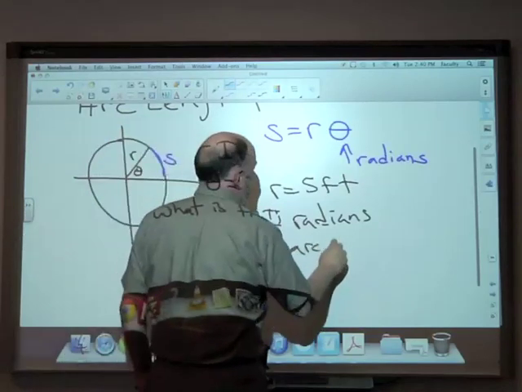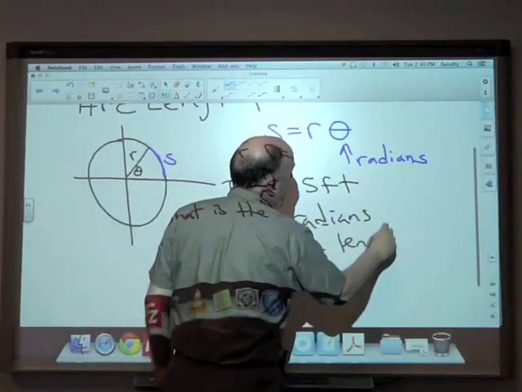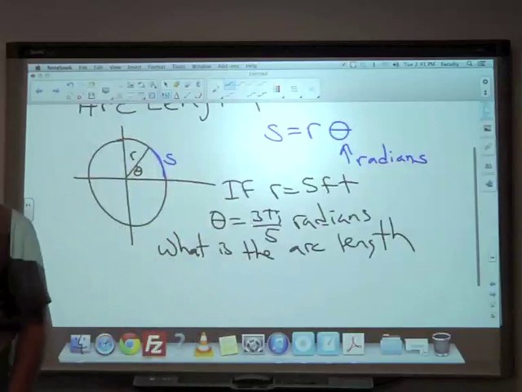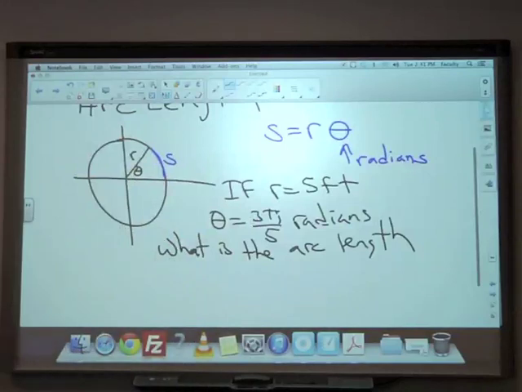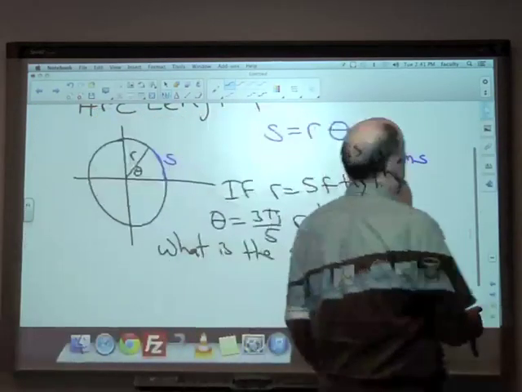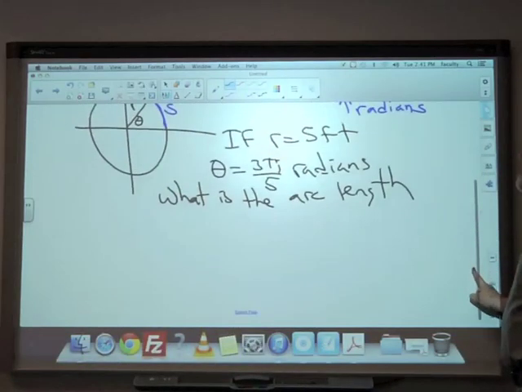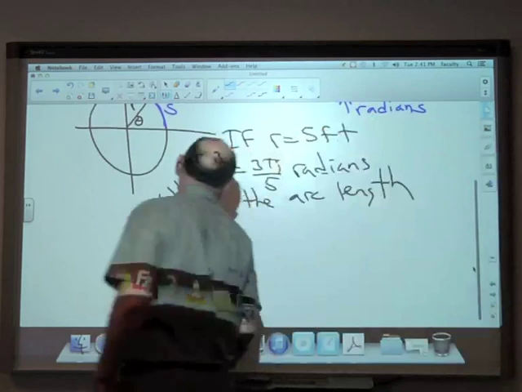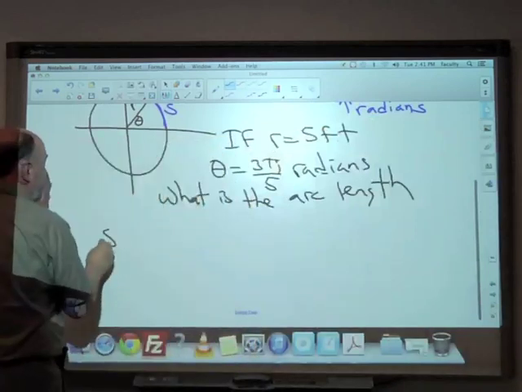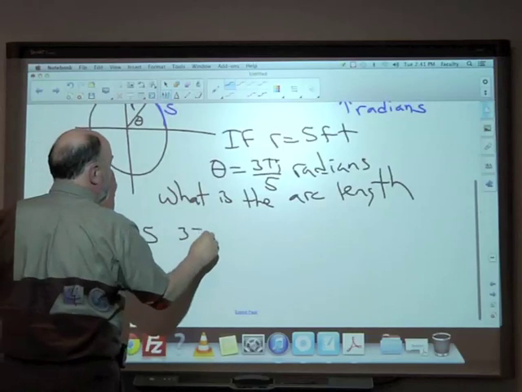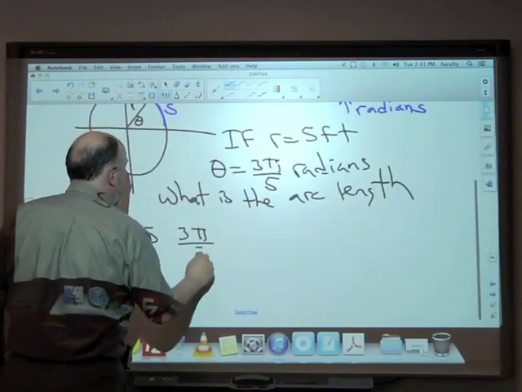Now, given that I gave you the angle in radians, we don't have to convert. So it's a matter of multiplying r times theta. And so S is going to equal 5 times 3 pi over 5.